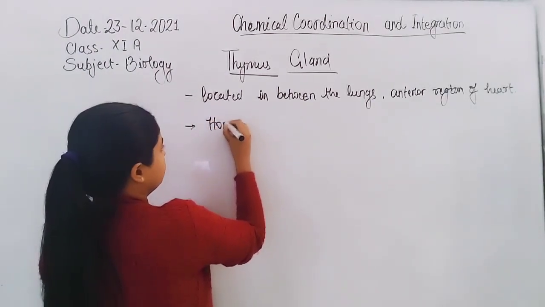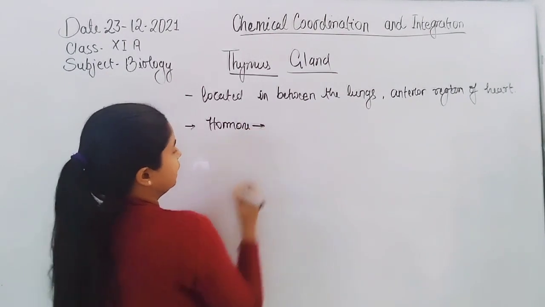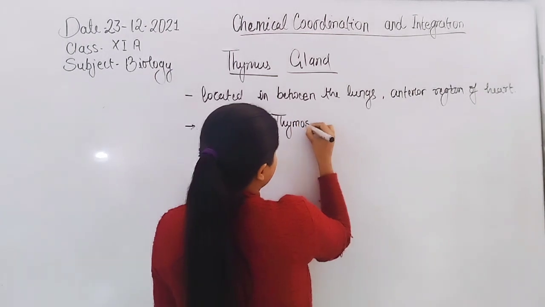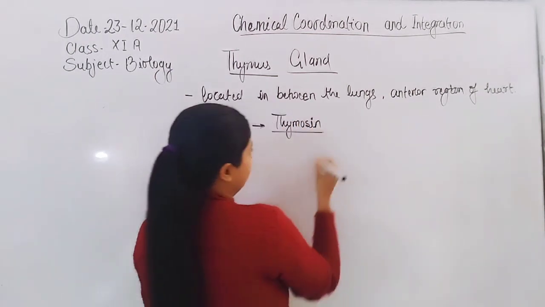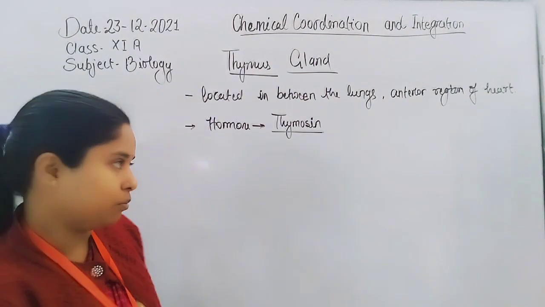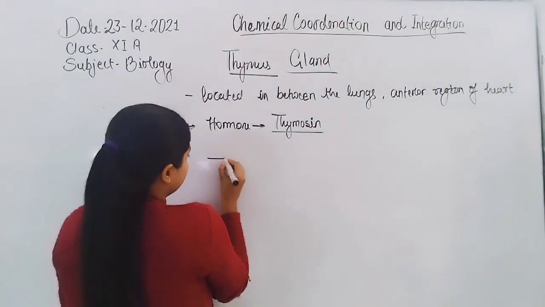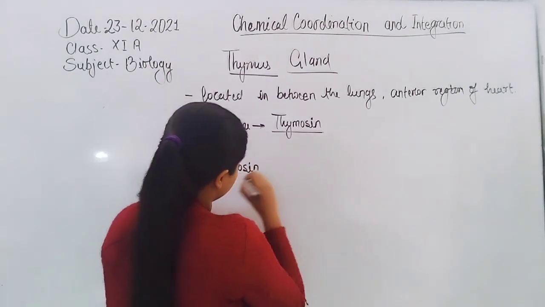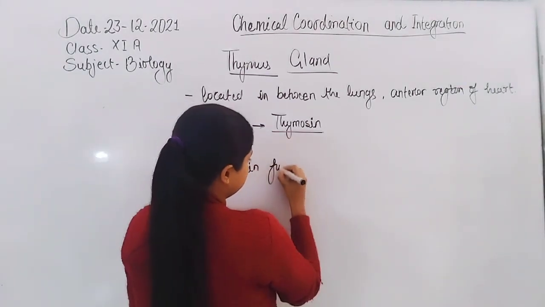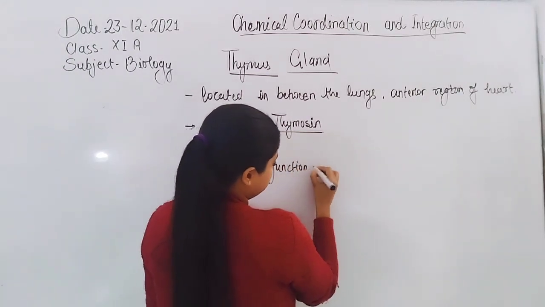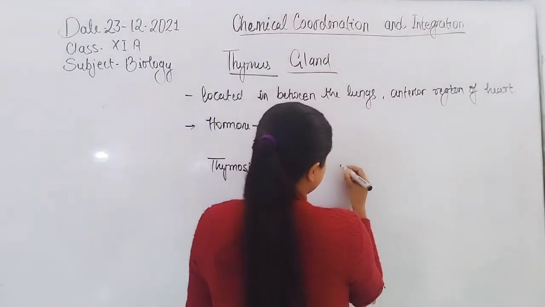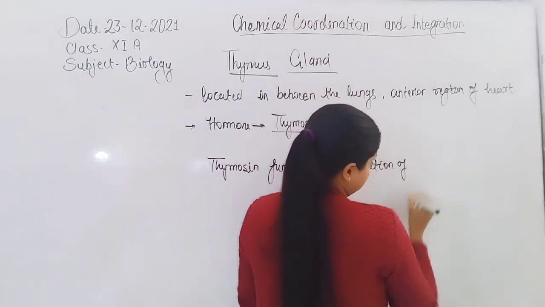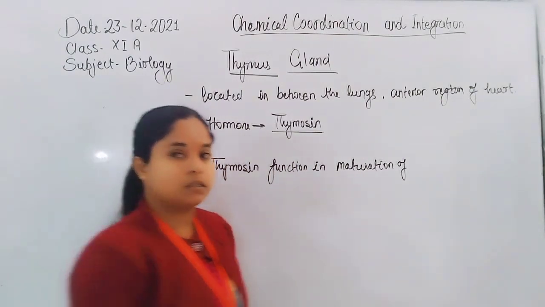Second, the hormone secreted by the thymus gland is thymosin. Thymosin hormone functions in the maturation of T lymphocytes and B lymphocytes.